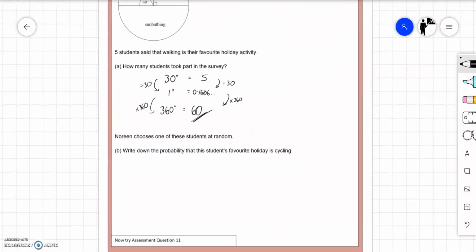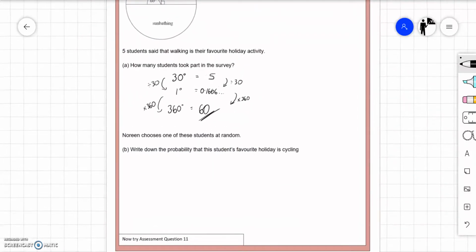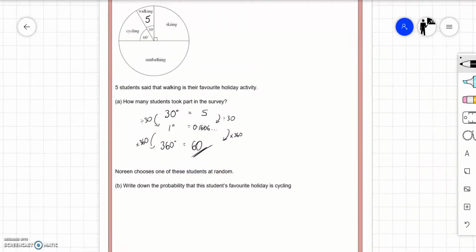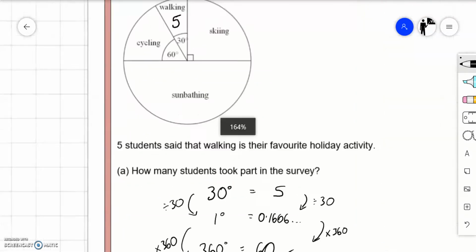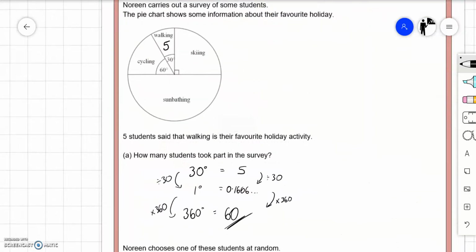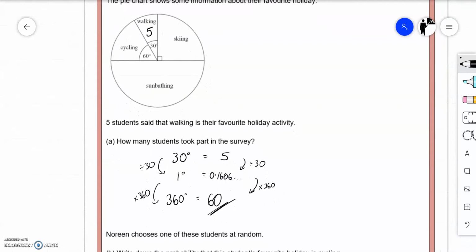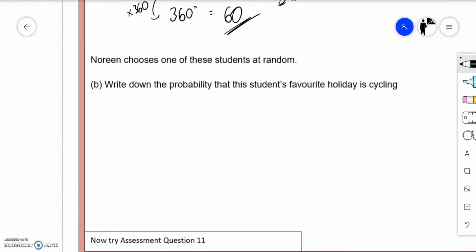Noreen chooses one of these students at random. Write down the probability that this student's favourite holiday is cycling. Okay, so we need to figure out how many actually chose cycling. So for cycling, that was 60 out of 360.